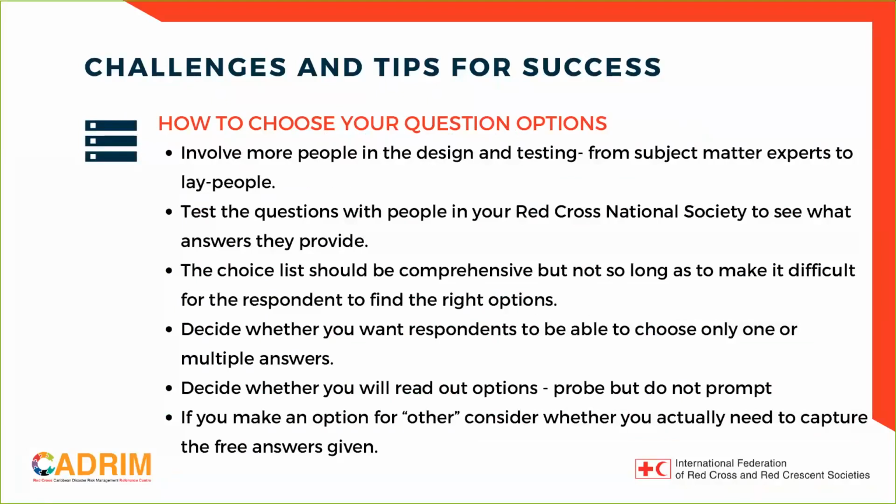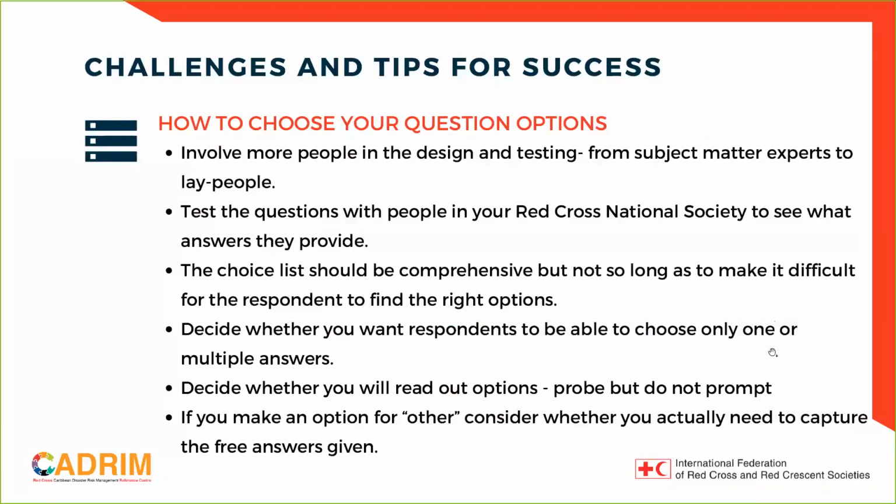So it's likely to be a very extensive list, but you don't need to read all of those out. You just want to make the data analysis as easy as possible. And so identifying all of those options ahead of time makes your data analysis much easier.